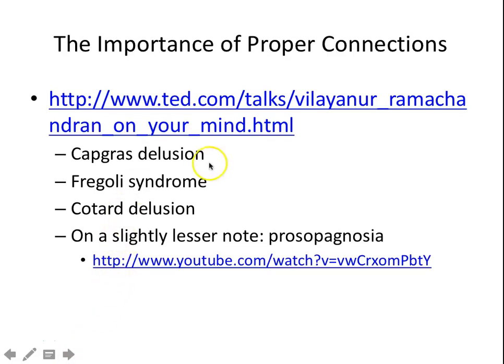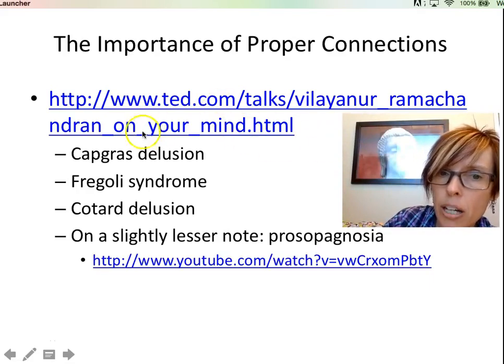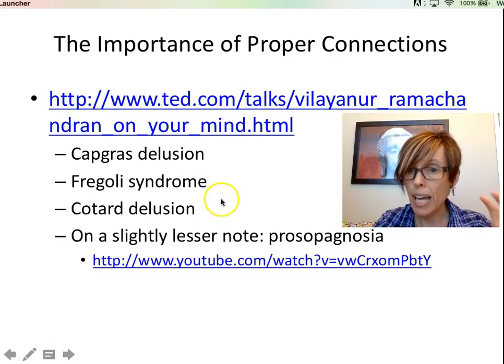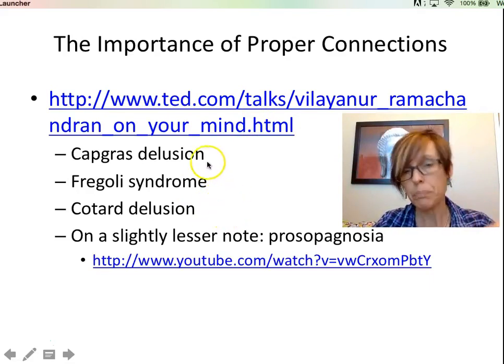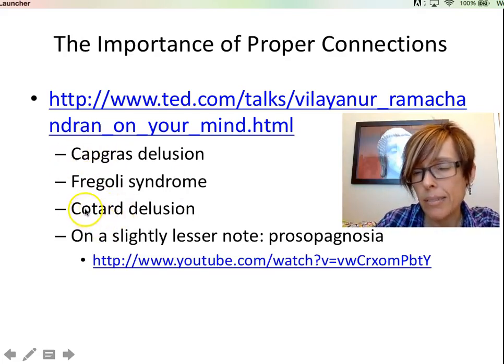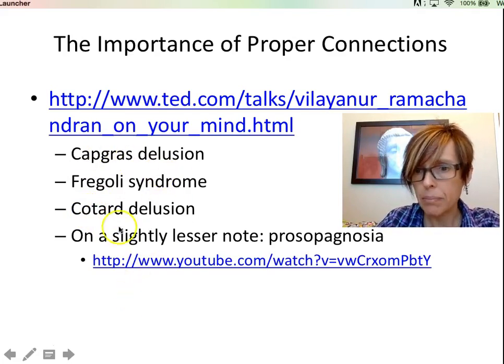Okay. So I just want to talk to you a little bit more about these proper connections. There's a really great TED Talk here given by Ramachandran. He'll talk about some of these different delusions and what happens with phantom limb syndrome. So I just want to talk to you about these three different diseases and what causes them.